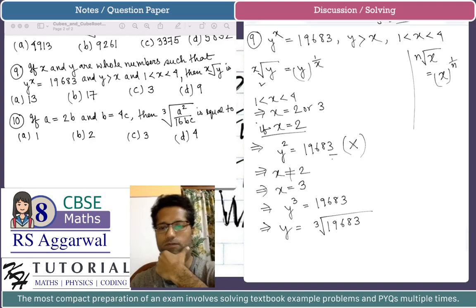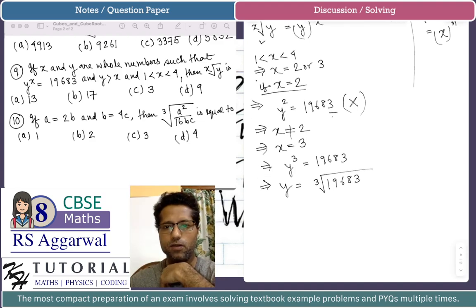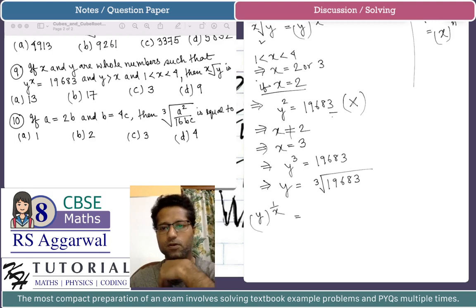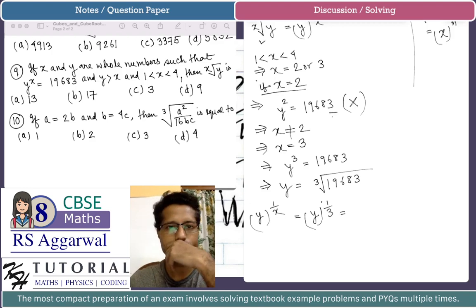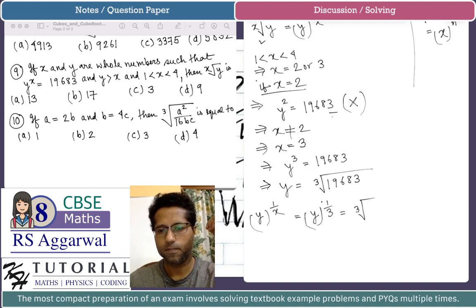Now we have to actually find the value of y to the power 1 by x. We have already found that x will be equal to 3. So this is equal to y to the power 1 by 3. Now what is y? y is the cube root of 19683.